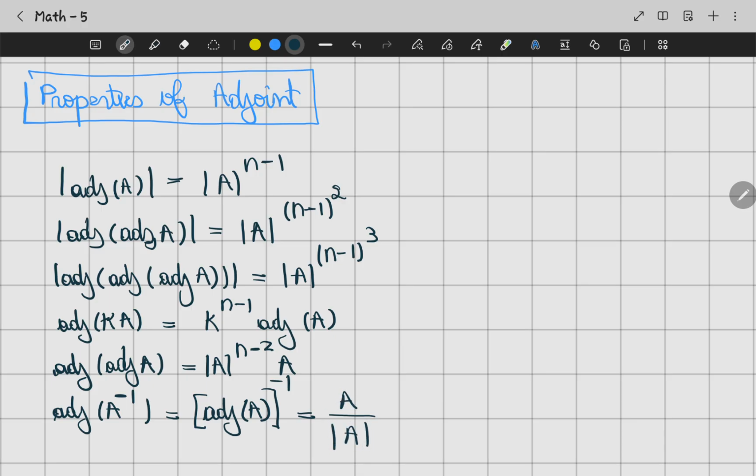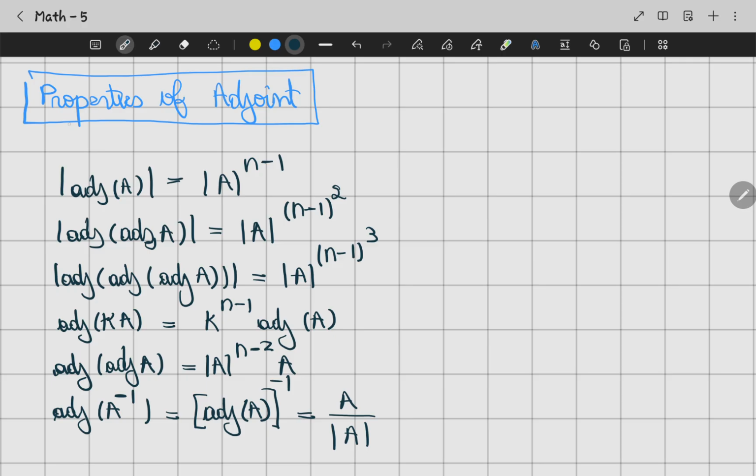So this was just to give an idea of all the properties that you can get from an adjoint matrix. I'll add another one here.